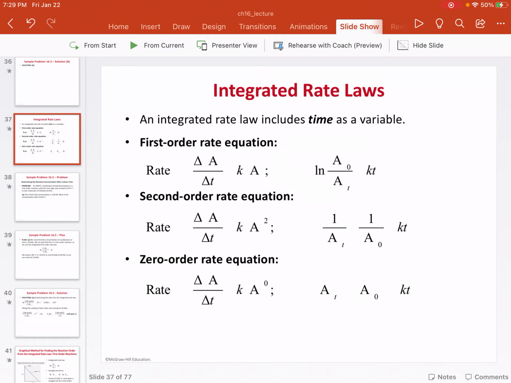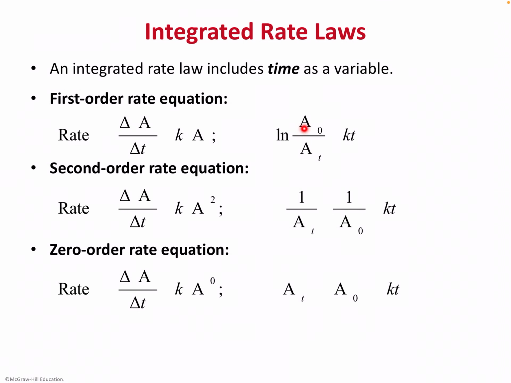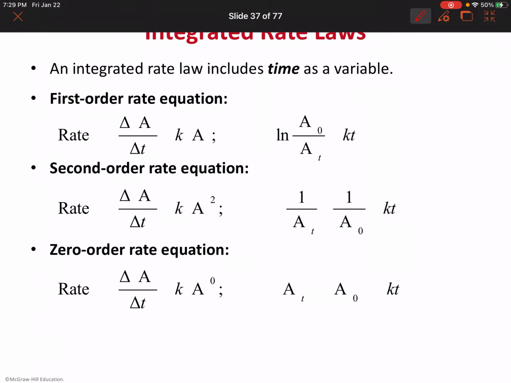Integrated rate laws over here: ln A naught over At equals kt. So we can consider ln A naught over At equals kt, and use this for the integrated rate law from this slide.